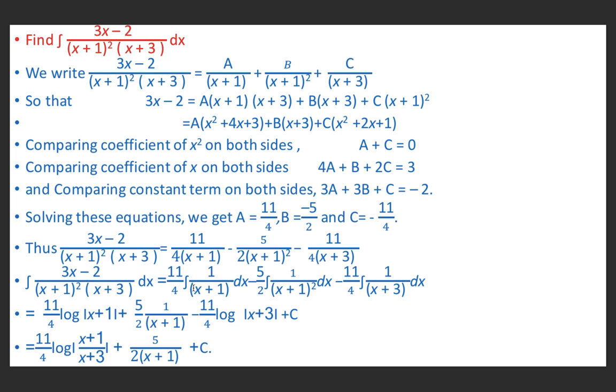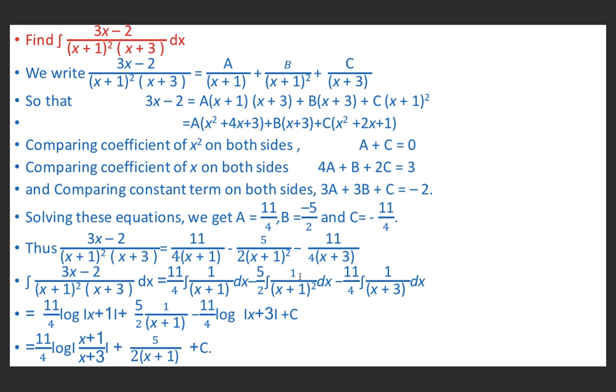We know how to integrate it. Integration of this is log x plus 1, integration of this is log x plus 3, and this is the term of the form 1 upon x square or x raised to power minus 2. We know that integration of x raised to power minus 2 is x raised to power minus 2 plus 1 upon minus 2 plus 1.